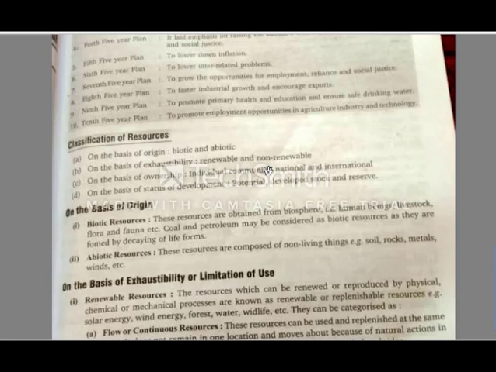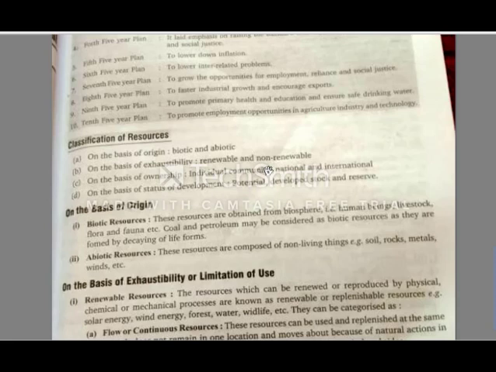Renewable means those resources that can be used again and again, or can be reproduced by physical, mechanical and chemical process. For example, solar energy, air, water, soil, forest, wildlife.